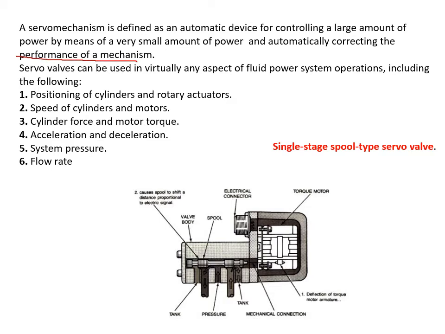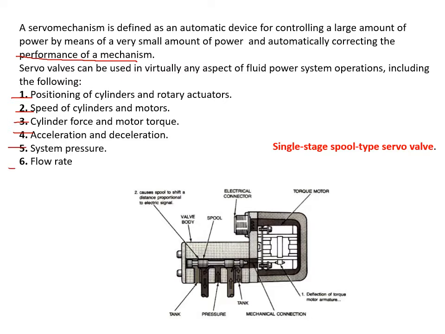Servo valves can be used in virtually any aspect of fluid power system operation, including operations like positioning of cylinders and rotary actuators, speed of cylinders and motors, cylinder force and motor torque, acceleration and deceleration of the hydraulic actuator, maintaining the system pressure and maintaining the flow rate.